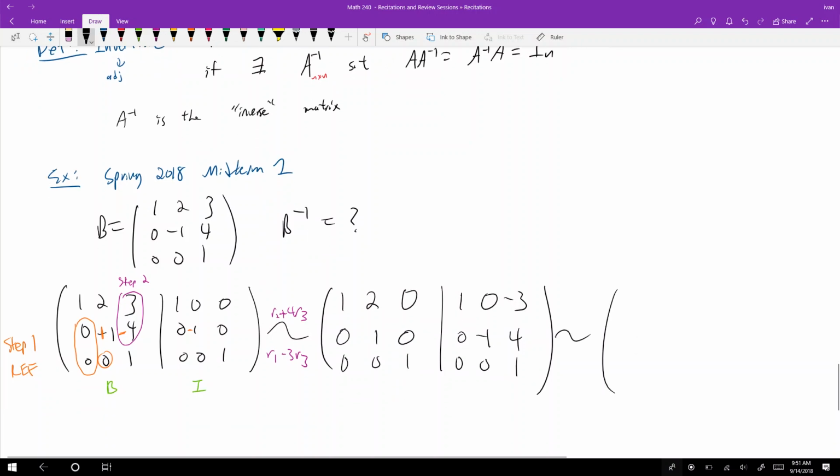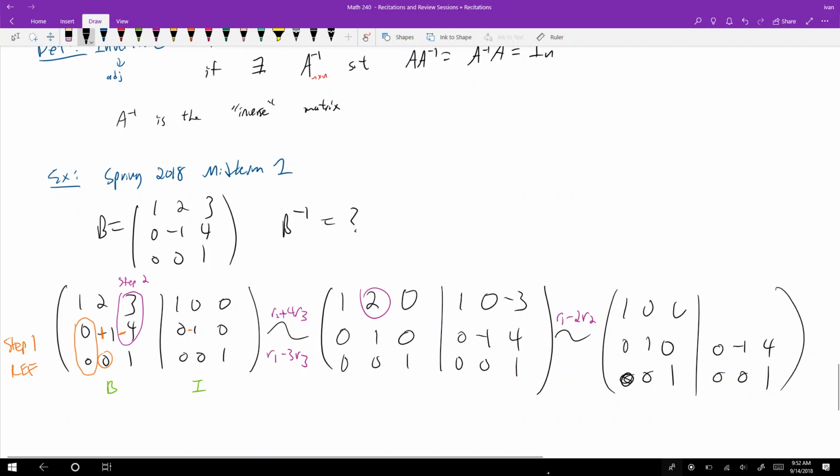And finally, the last thing to zero out is this guy, which is taken care of by row 1 minus 2 row 2. Let's fill out the bottom rows first: 0, 1, 0, 0, negative 1, 4, 0, 0, 1, 0, 0, 1.